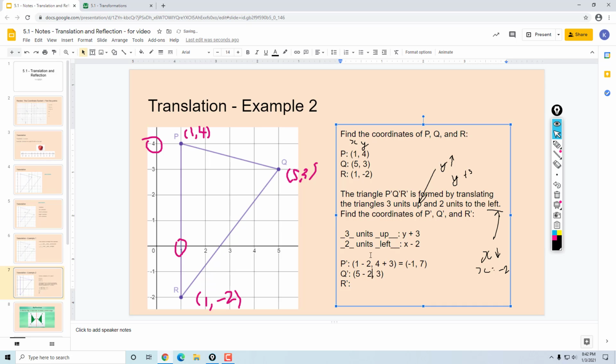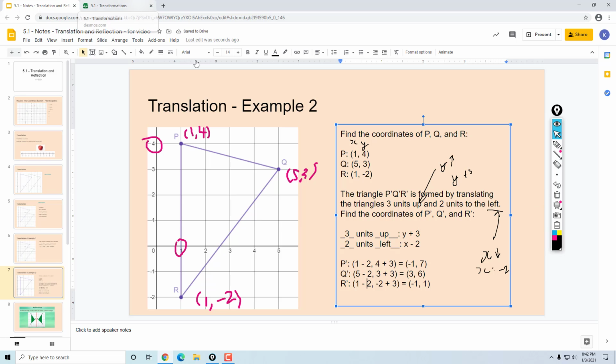X we subtract by 2, y we add 3, and we get 3, 6. For R, it's 1, negative 2. The x we subtract by 2, the y we increase by 3, and we get negative 1, 1. And that's it.